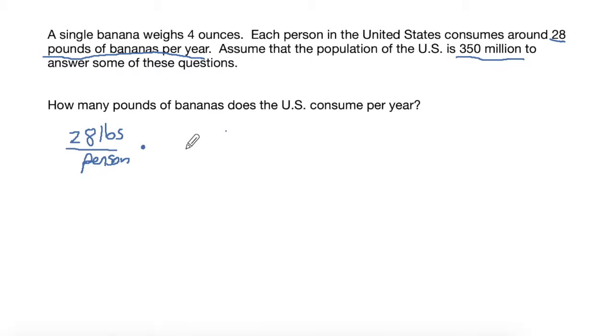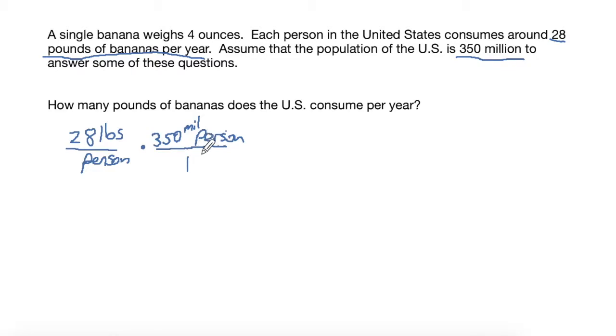And I'm going to multiply that. And I want my answer in pounds, so I'm not trying to convert the pounds here. I'm trying to convert the people. So if I go do my person up here, there is 350 million people in the United States.